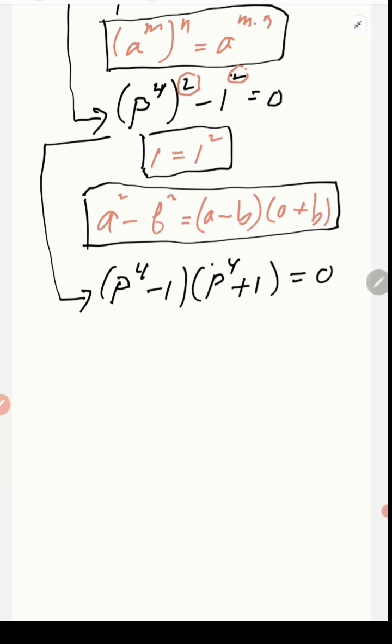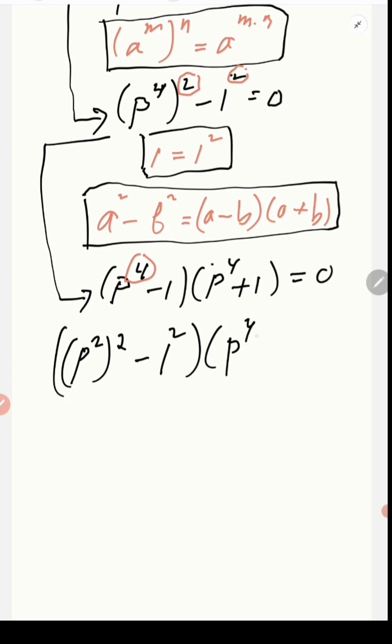Again, I can write p squared squared, minus 1 squared, times p to the power 4 plus 1 is equal to 0.